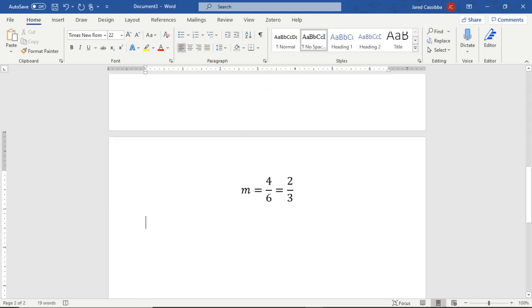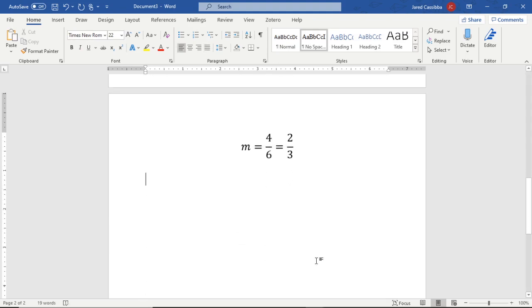Okay. So from here, there are two ways we can go. We can either go the slope-intercept form of a line, which is y equals mx plus b, or we can go the point-slope form, which is slightly more complicated.